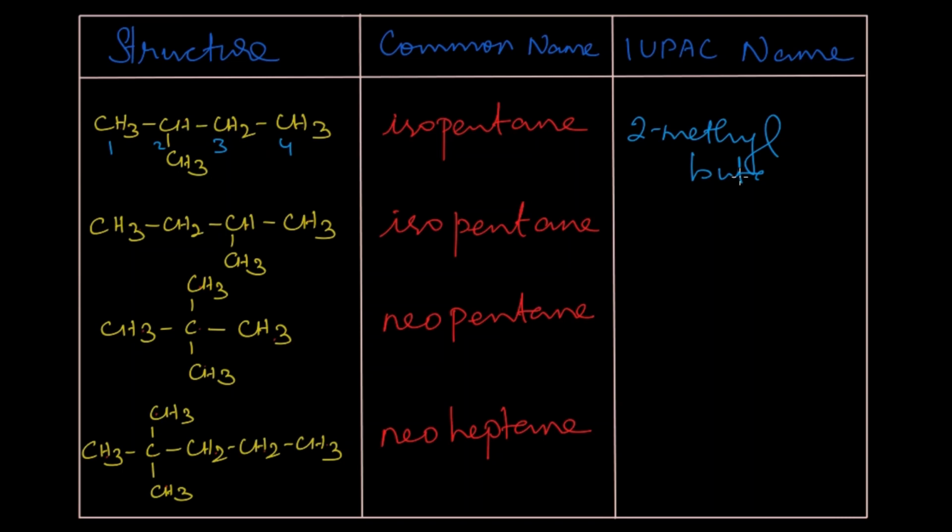Now, the same thing. Why I have written the same compound in the sense, if you number from left to right, 1, 2, 3, 4, the methyl group gets the number 3. If you number from right to left, 1, 2, 3, 4, which is correct? For example, I ask you one question.